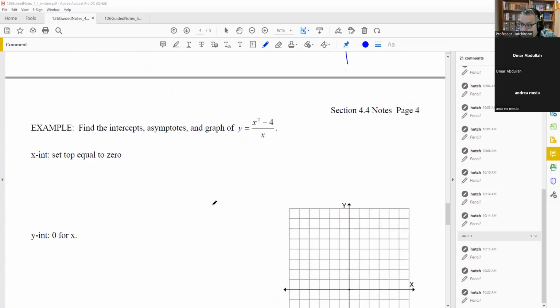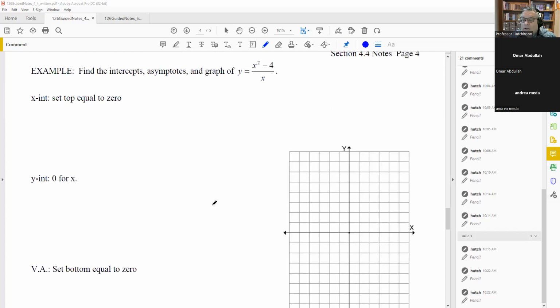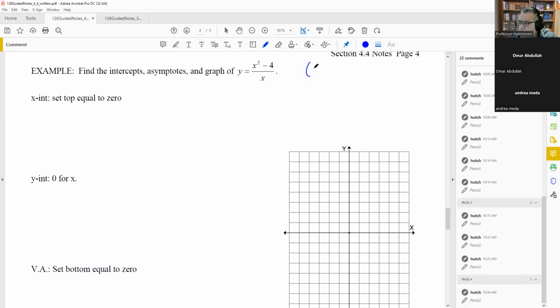All right, so now this one looks very similar to the one we just did, except that now we have it flipped. We've got the x squared minus 4 on top, and the x on the bottom. So this again factors into x plus 2, x minus 2, all over x.